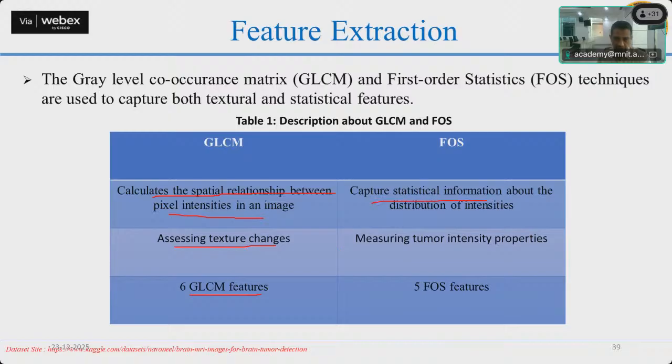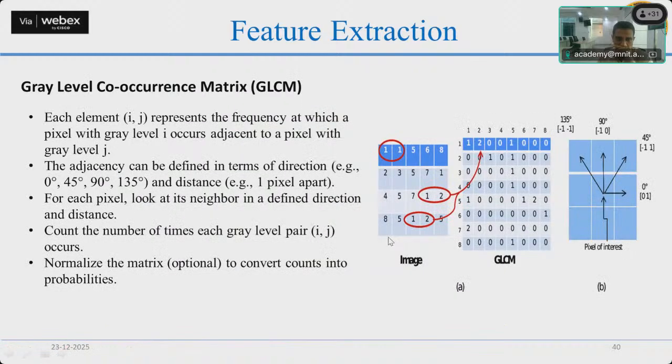With FOS you capture the statistical information, meaning tumor intensity properties, so both are complementary to each other. In the gray level co-occurrence matrix, each element represents the frequency of a pixel with a gray level adjacent to another pixel. Adjacency can be defined in terms of 0, 45, 90, and 135 degrees. For each pixel, you look at its neighbor in a predefined direction, and this way you can calculate it.